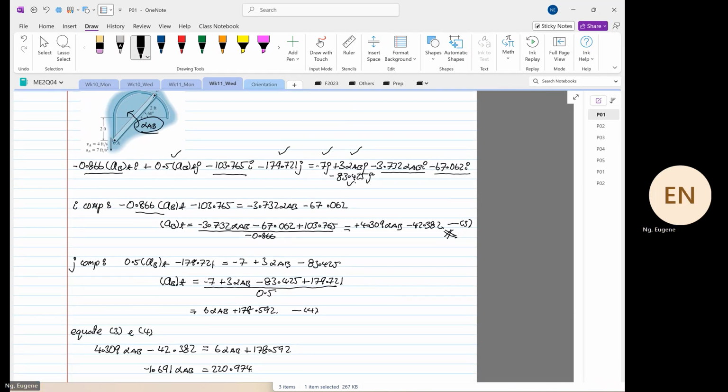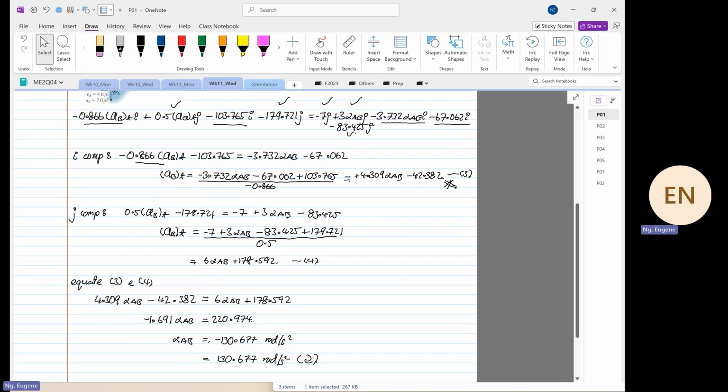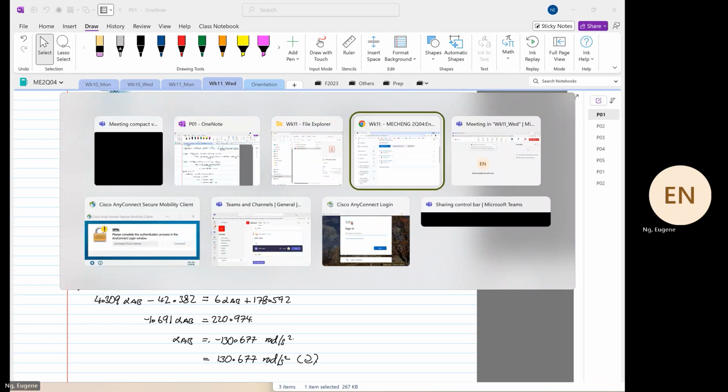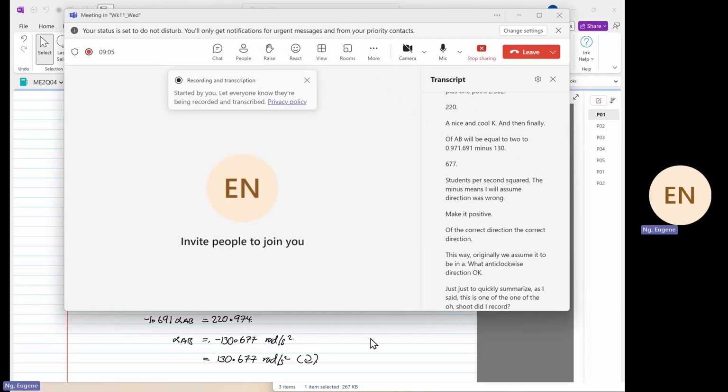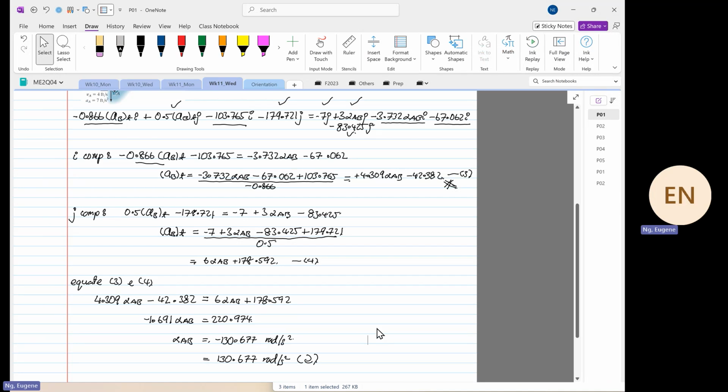Originally, we assumed it to be in what? Anti-clockwise direction. Okay. So just to quickly summarize, as I said, this is one of the worst examples that you can get in a question.